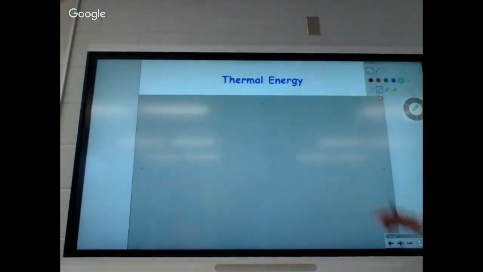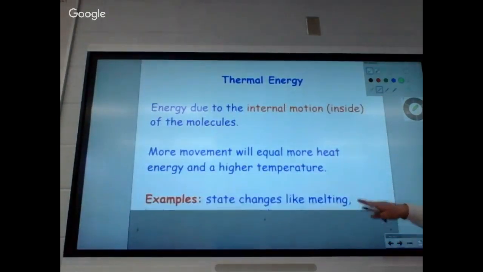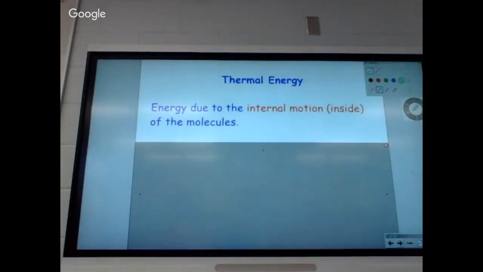Alright. So, for thermal energy, we're going to talk about thermal energy or heat next week. This is energy due to the internal motion of the molecules. So, any of y'all have practice after school today? When you go to practice, y'all are going to run around or do something.